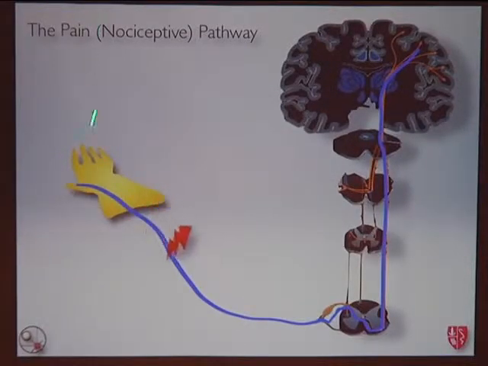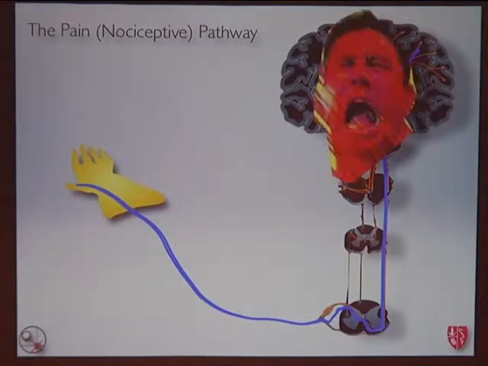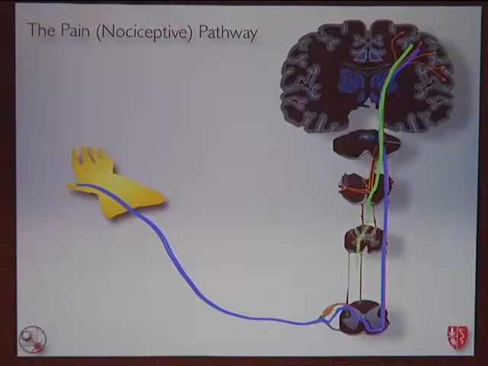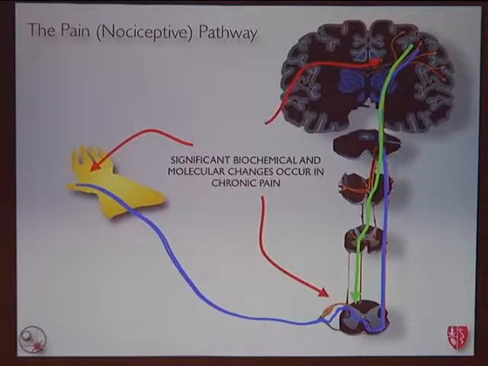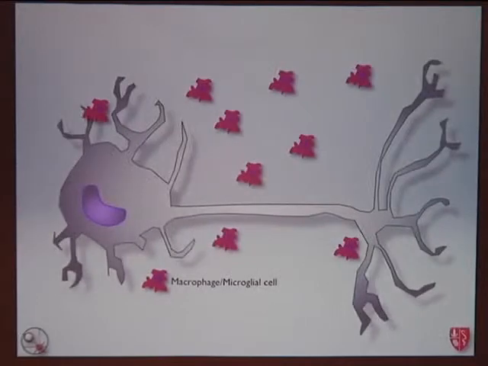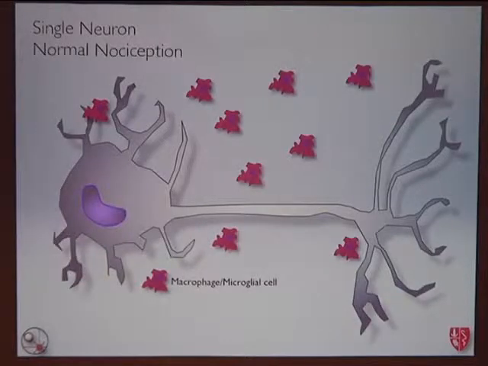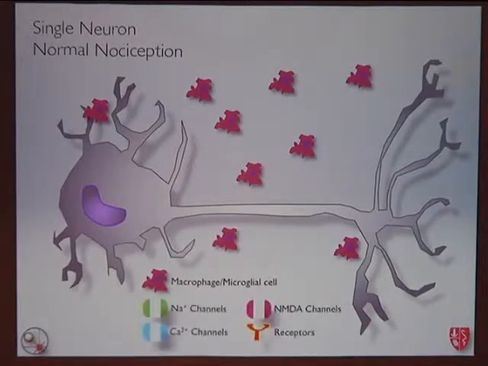So, sorry, backing up again. There's a number of biochemical and molecular changes, physiologic changes at a variety of relay stations that we've heard about in the last couple of days. And so we can exploit what those molecular changes are using molecular imaging. And again, at the cellular level, on a single neuron, in normal nociception, you have a given set of supportive cells around your neuron, and then schematically shown here, sodium channels, potassium channels, pain receptors.